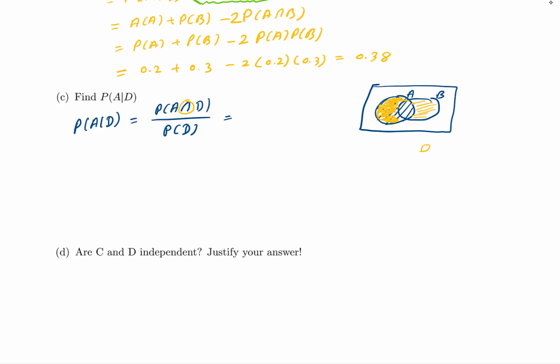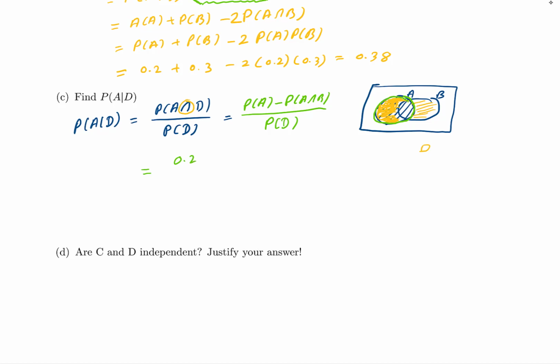We can write probability of A intersection D as probability of A, so that is the whole thing, this whole A, and we subtract probability of A intersection B. So then we can have probability of A intersection D divided by probability of D. So then we know all the information.